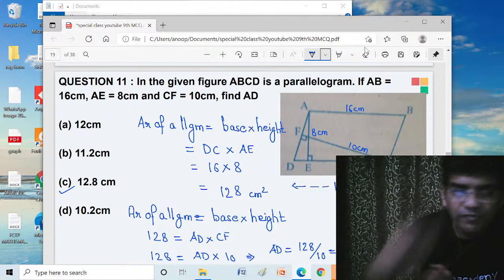Now S over here is 48. Then it will be 48 minus A, that is 40. Then 48 minus 24. Then 48 minus 32.